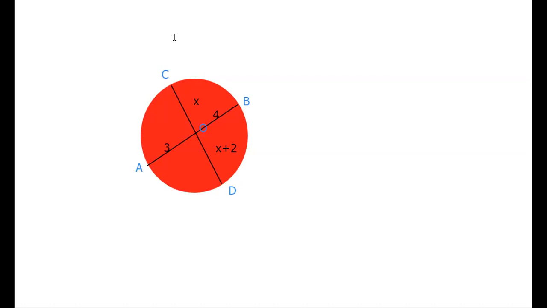So we can have this expression. We can say AO multiplied by OB is the same as CO multiplied by OD. Now AO is 3.